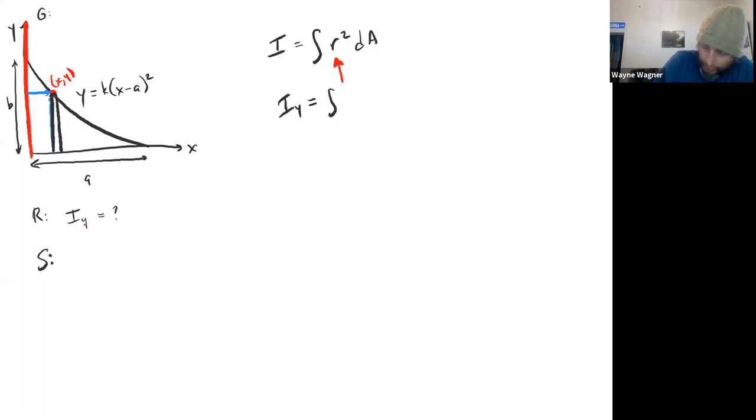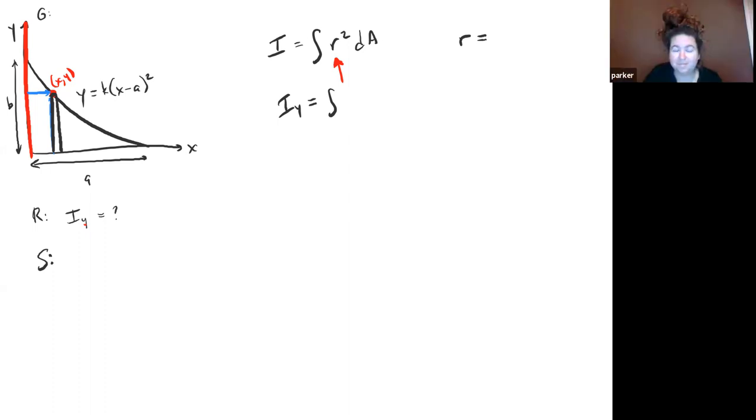Now we need to think about r. What is the distance of this box from the red line? That's my radius essentially. Anyone? Nobody?